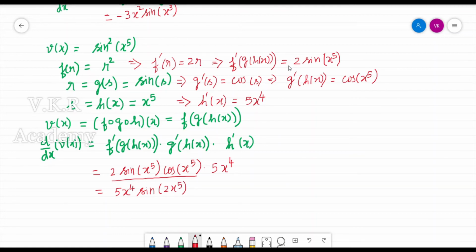Or it could be simply kept as 10x power 4 into sine of x power 5 into cos of x power 5. As the answer demands, we can use any one of the two forms.